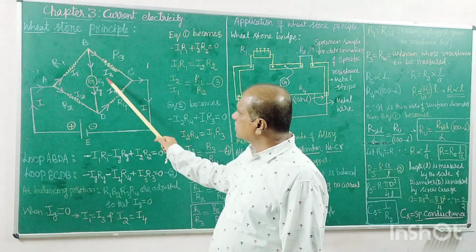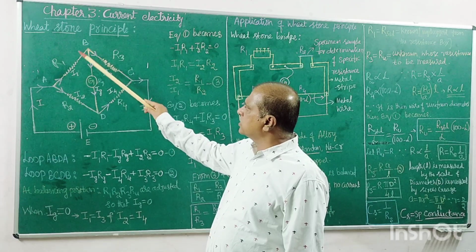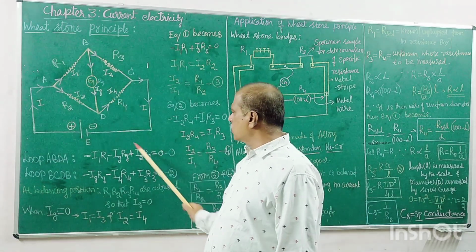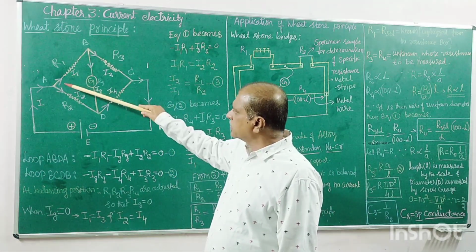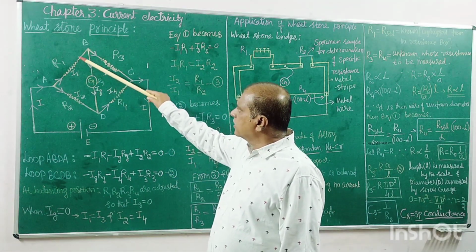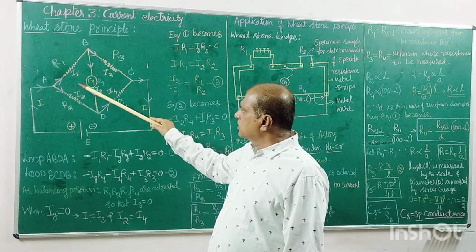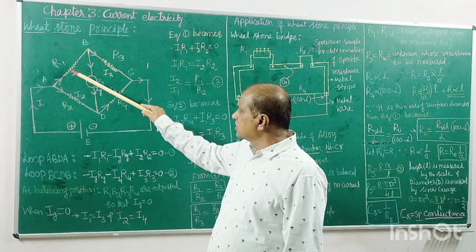So I have to write the potential change, and the sum of them is equal to 0 using sign convention. The direction of the loop current is clockwise in this loop.